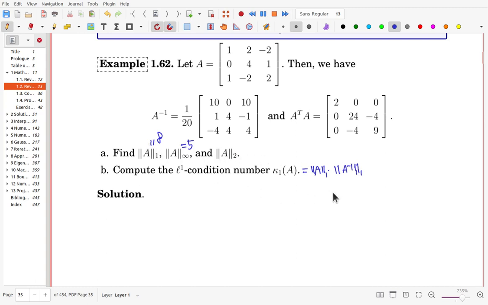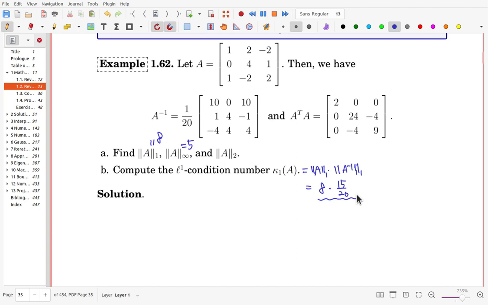Okay, we already know the A 1 norm is 8. Now A inverse is given here. Let's try to get its 1 norm. The 1 norm is gotten by adding the absolute values vertically: 15, 8, 15. So the largest one is 15, and along with the factor 1 over 20, 15 over 20 is the 1 norm of A inverse. So that's the L1 condition number.